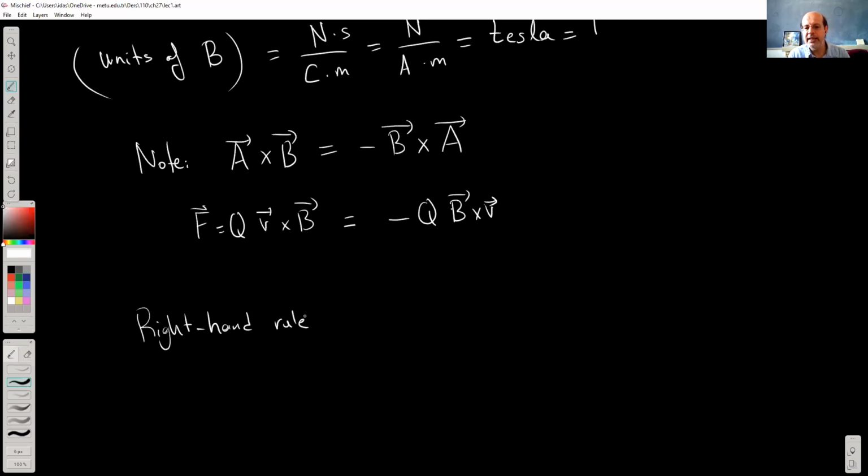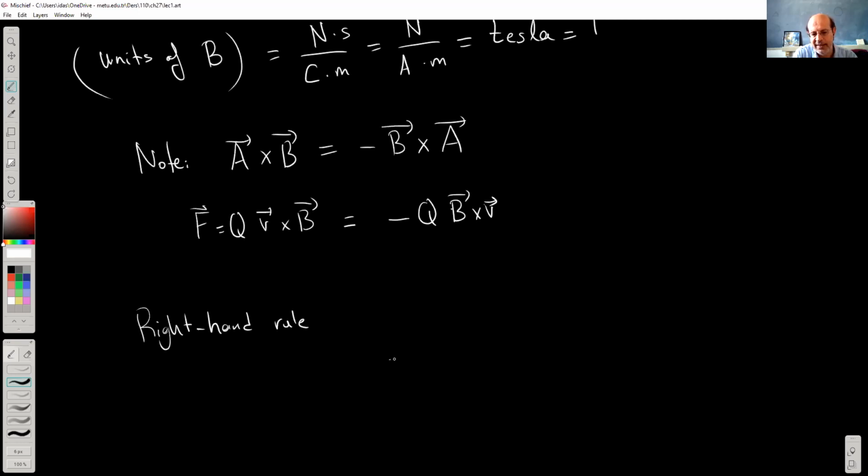I mean, in the topic of the magnetic field, whether it is the magnetic force or the magnetic field produced by some current carrying wire or some induction phenomenon or whatever, in all of these cases, we always meet the cross product, and so therefore we have to use the right-hand rule in all of them to actually understand the directions of some vectors involved. Right? So this is one of the things that we use a lot.